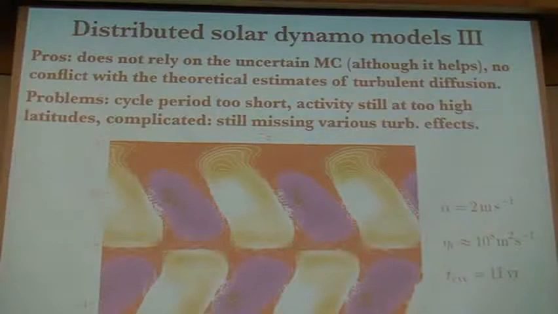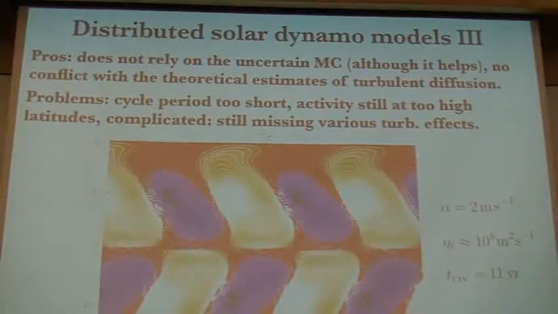And typical problems for these distributed dynamo models are that, at least in our case, the cycle period is too short, so it's half the solar one. It can actually be even shorter; sometimes people use 5 times 10 to the 8 meters squared per second for the turbulent diffusion, and then you get an even shorter cycle period.